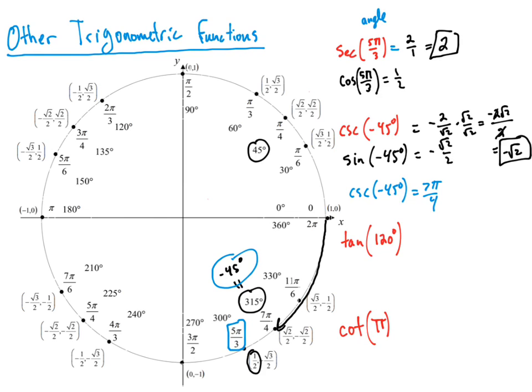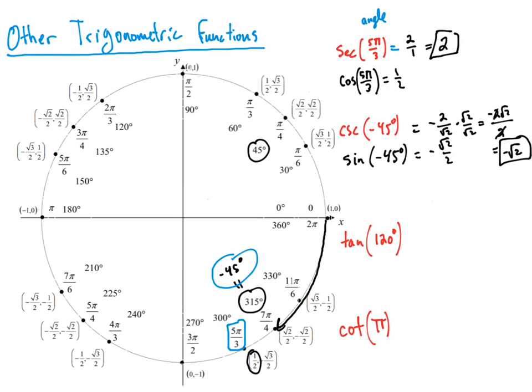Only angles go in as the input value of the trig function. So cosecant of negative 45 is the exact same thing as saying cosecant of 7 pi over 4. It's asking the exact same thing. So we wouldn't want to say that cosecant of an angle is equal to another angle.